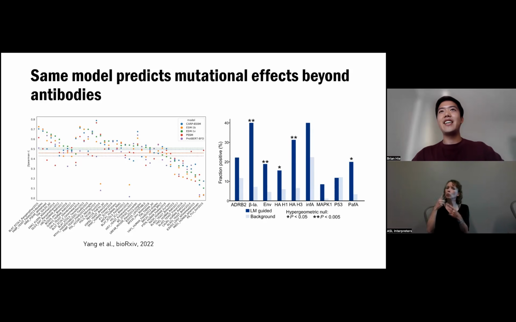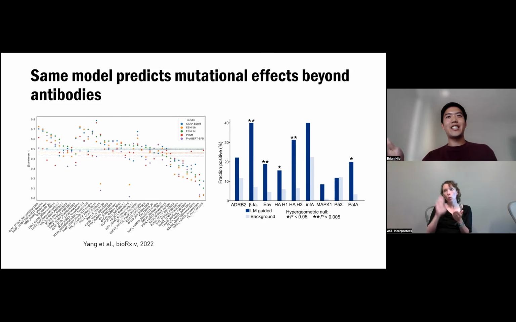So Hannah is asking, it's really interesting that selecting around 10 mutations results in some fraction of hits, but I'm curious if you tried testing, as a negative control of sorts, mutations that the language model predicts would be deleterious. So just very low likelihood, how many of those are actually true hits? That's a really good question. We haven't tried that.